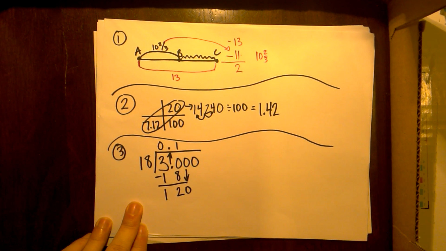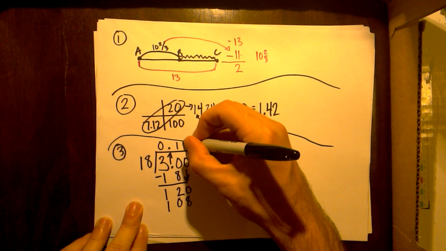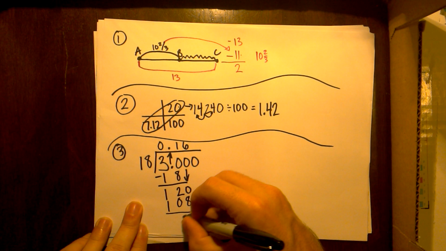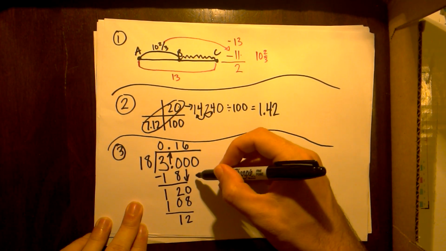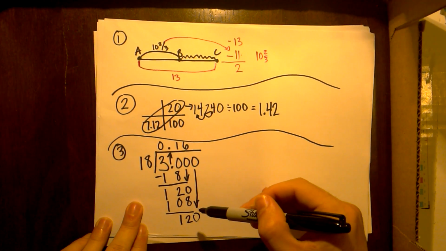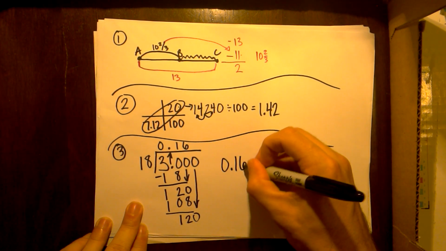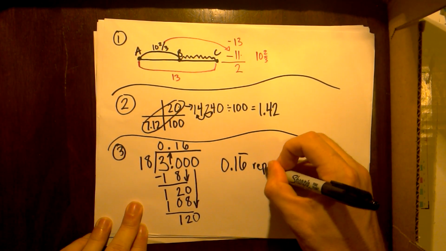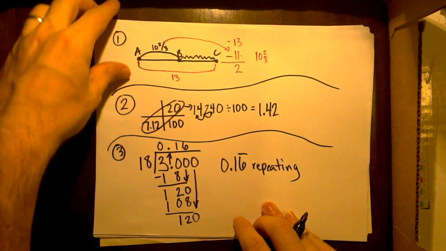So if I add on 18 more, I would have 108. So that was 6 times. And I end up getting 12 left over again. Well, I had 12 left over last time, so I end up getting another 120. I just had 120. So my answer, 0.16 repeating.